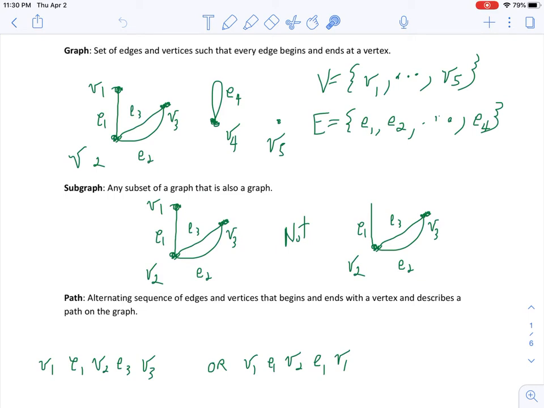Now, if I were to leave out this vertex right here, notice it's left out here, then that's not a subgraph. Why? Because this edge is dangling. Right? It's got to end at a vertex, but there's no vertex there.